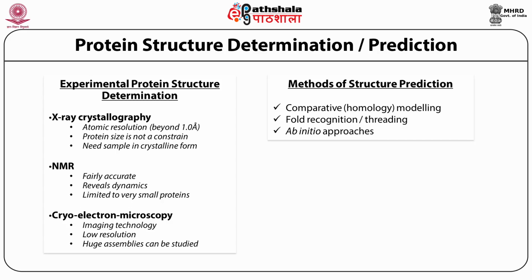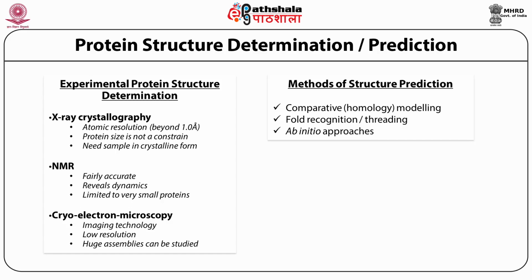The second one is fold recognition, or what we call threading, which is used to model the proteins which have the same fold as proteins of known structures but do not have homologous proteins with known structure. The third and final one is ab initio structure prediction, which assumes that the native structure of a protein is at the global free energy minimum.